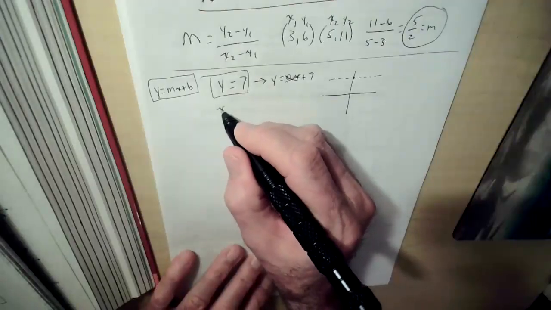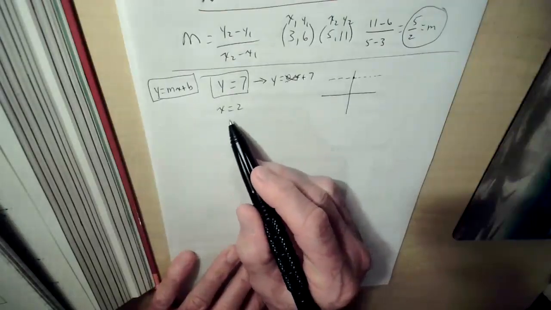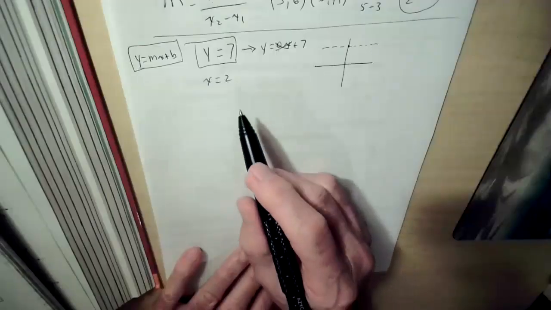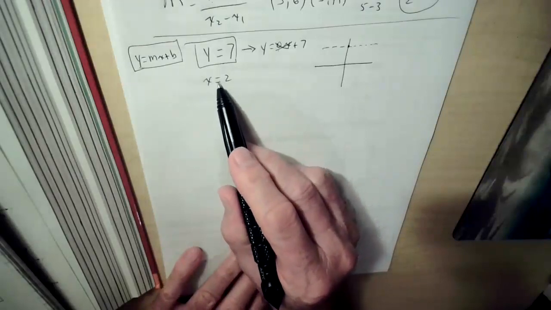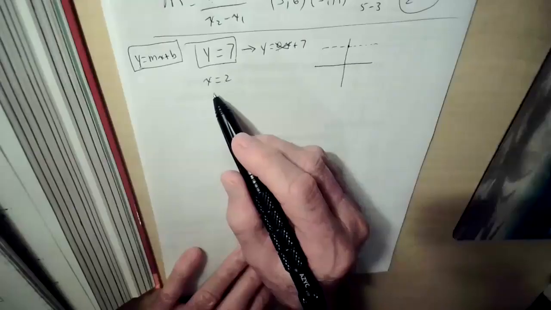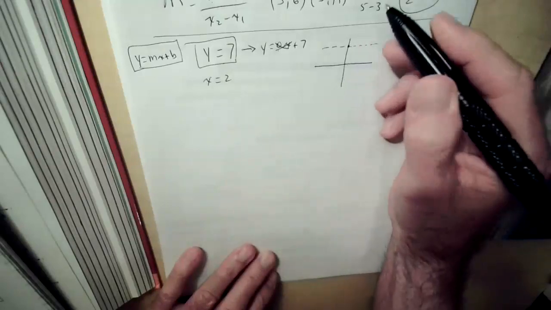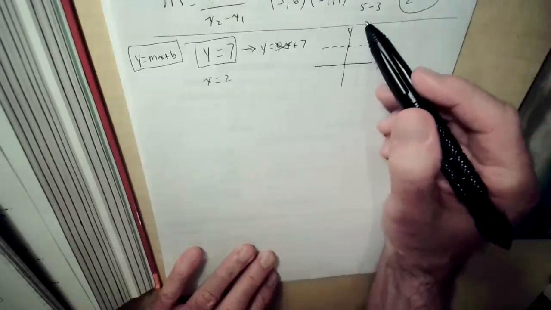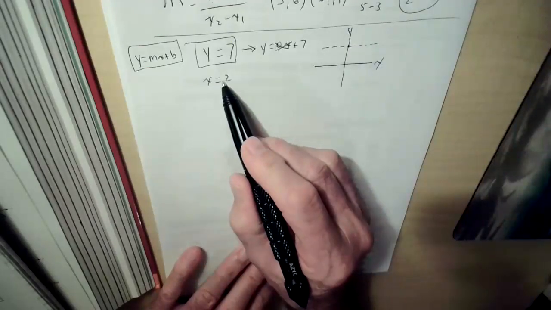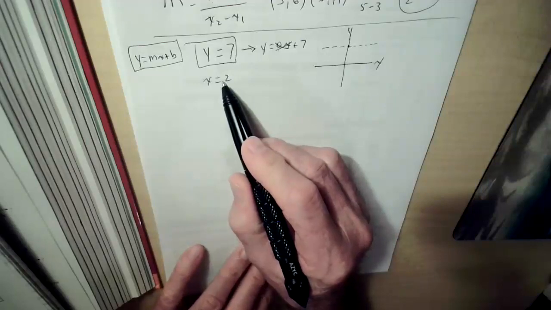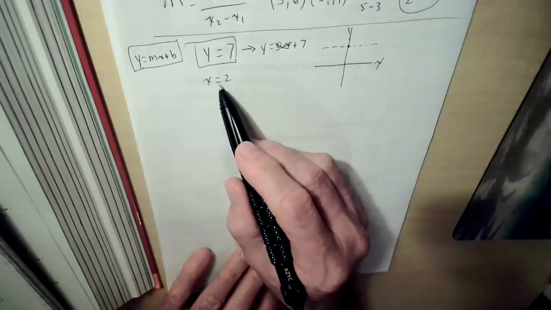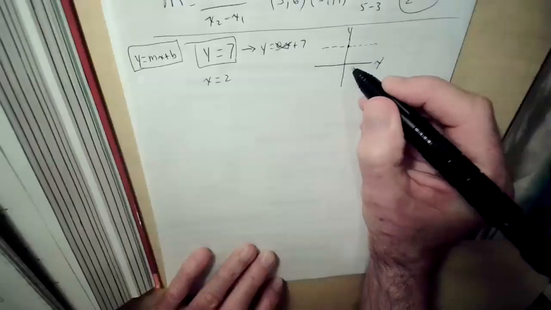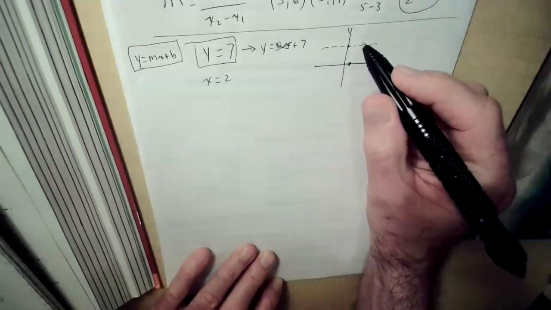Okay, so this is in slope-intercept form. Now what if we have this? If x equals 2, is this in slope-intercept form? Not really. However, you can graph this. Now what this means is, no matter what y is, remember that's the y-axis, x-axis, x is always 2. This is not super duper whiz bang important, but you are going to see this from time to time. So if y is 0, x is 2.